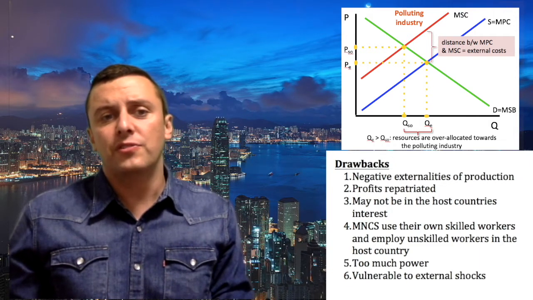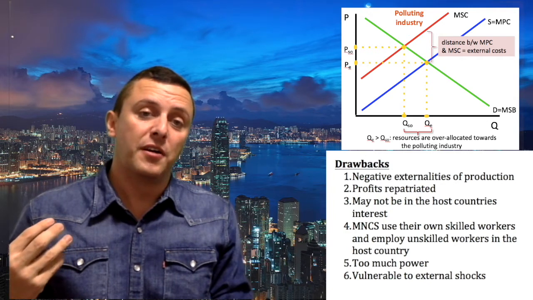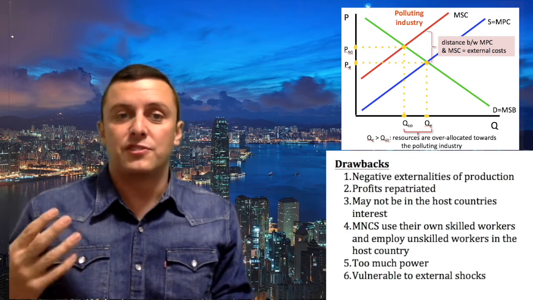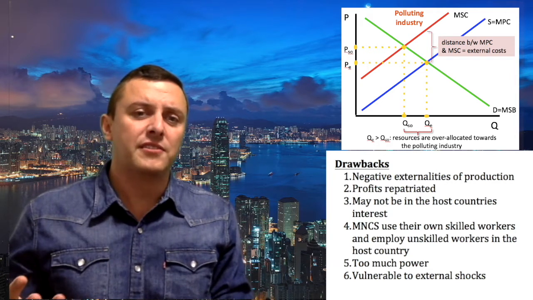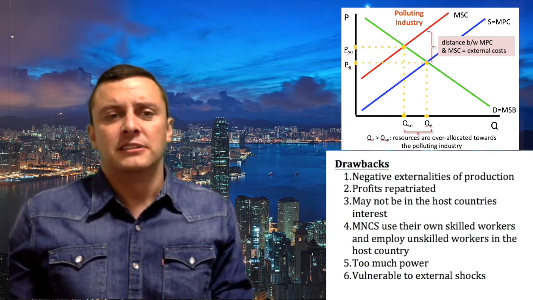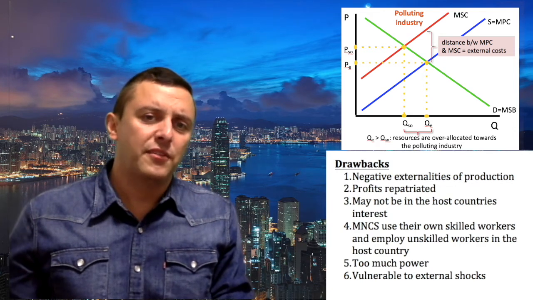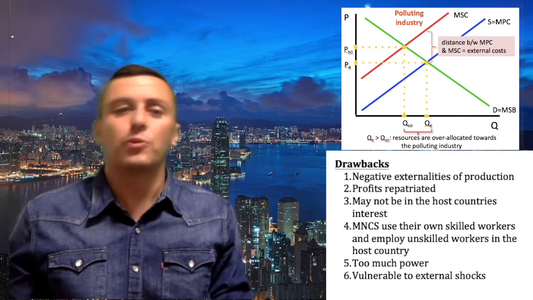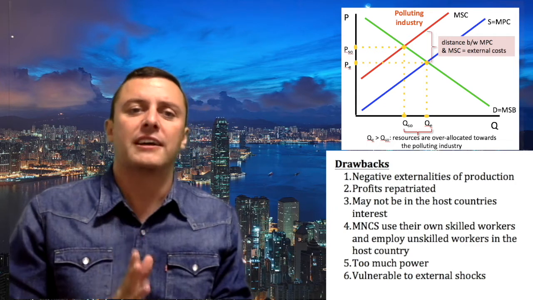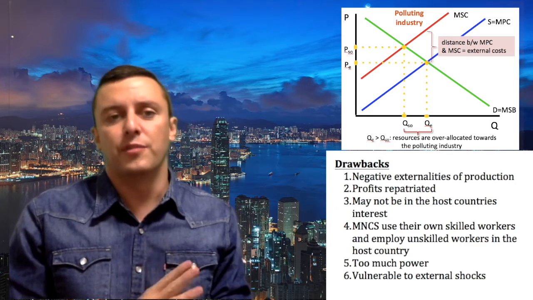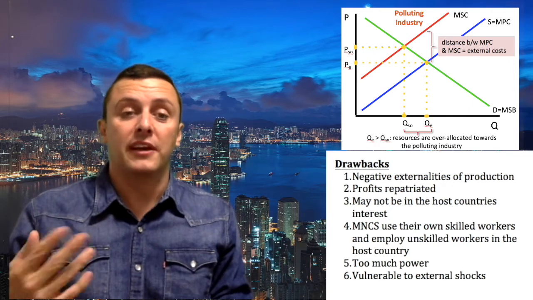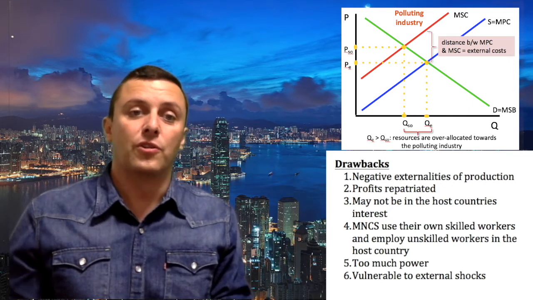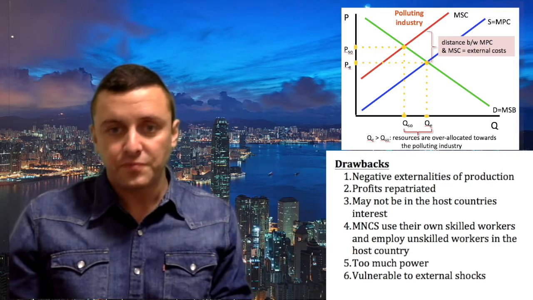And the reasons for that would be if the company was extracting precious minerals or engaging in environmentally damaging activities. Many multinational corporations will go to a country because of the lack of regulations that we have in developed countries. They will exploit the environment and they will cause negative externalities and costs on the third party.